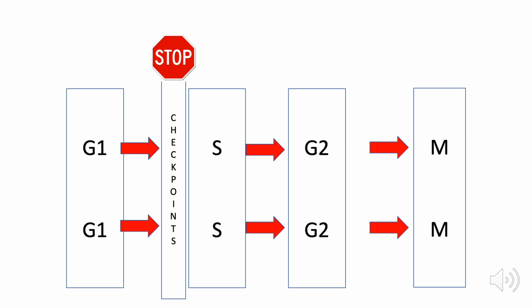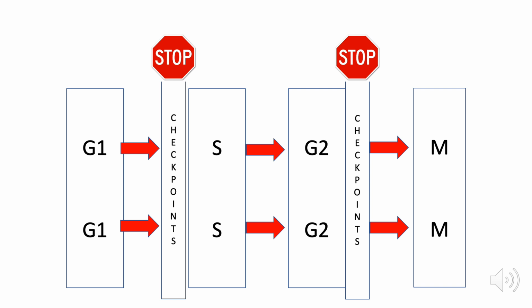But take note, before the cell is allowed to progress from G2 phase to mitosis, the cell will again encounter checkpoints. What are these checkpoints? We'll discuss them in the succeeding slides.